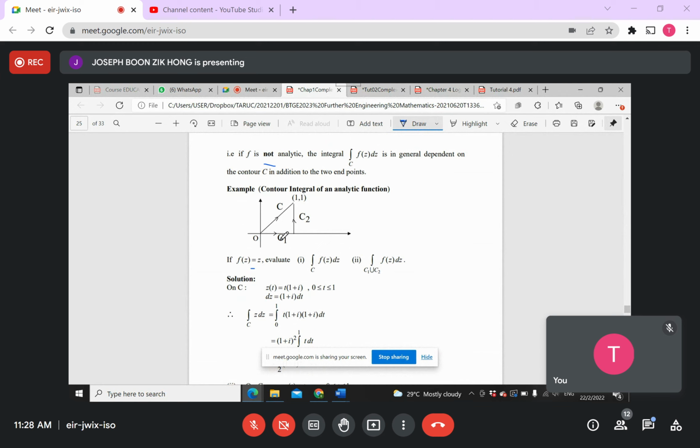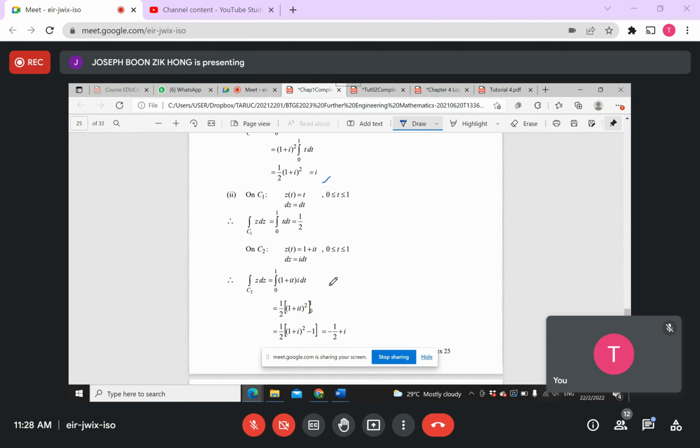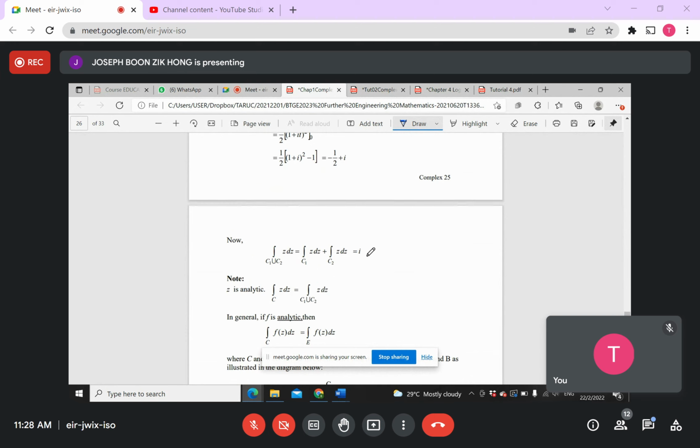Again we do C and then we do C1 and C2. I don't teach how they do it. This one is just normal like just now. But what is different is now my function is changed, it becomes z. So I get i for C, and for C1 and C2 together I also get i.